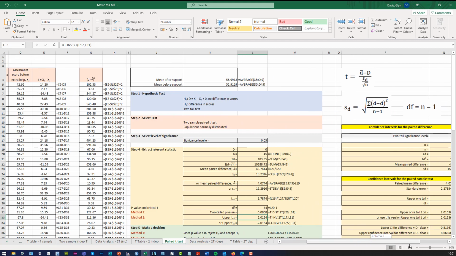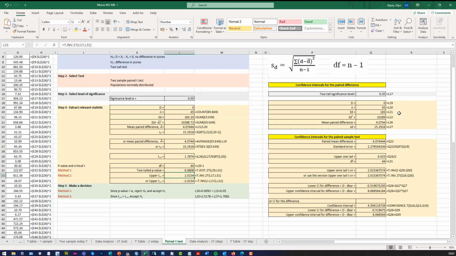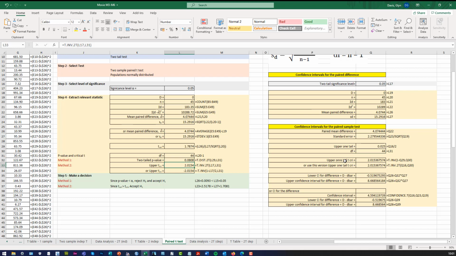Okay, the alternative, of course, is to do a confidence interval, etc. So if you rearrange this equation for D, then you can show, if you look here, that D is 0, n is 45, you know what the mean differences are, so you can substitute all the values in and you find that the lower confidence limit for the difference, D minus D bar, is minus 0.5196, and the upper confidence limit for the difference, which is equal to D minus D bar, so that should be plus there, not minus.